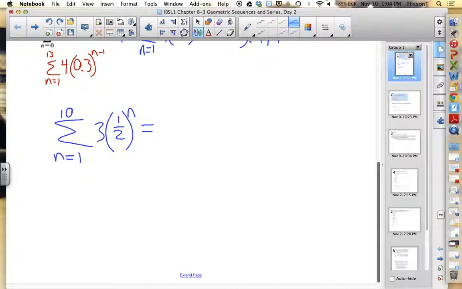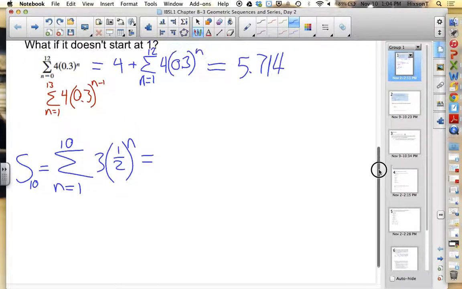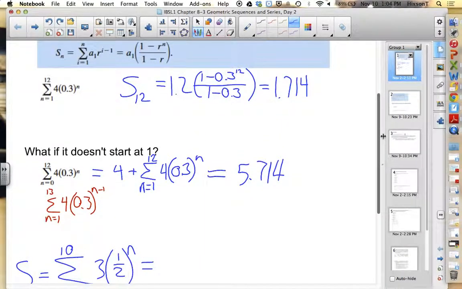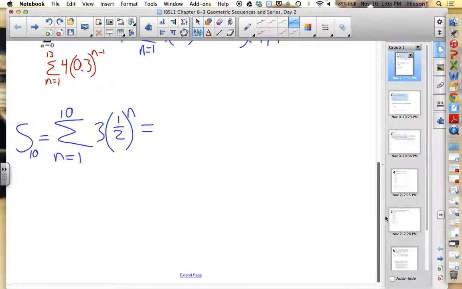Okay. And this is also known as S sub 10, the 10th partial sum. So using our formula, a sub 1 times 1 minus r to the n over 1 minus r, go ahead and find our sum.